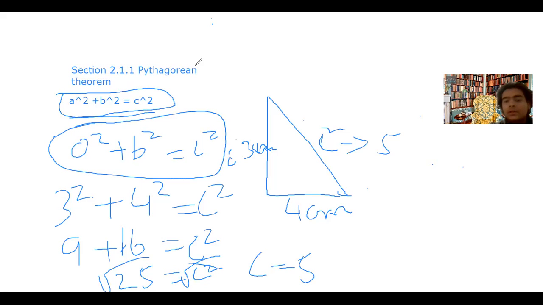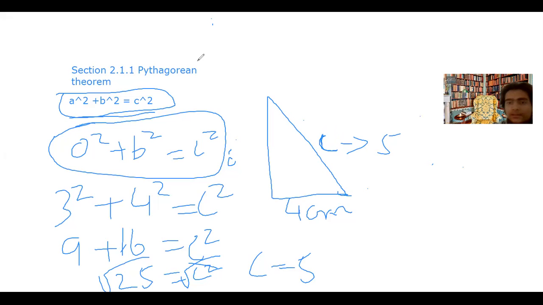Let's say the value of A, that is 3 centimeter, is not given. Let's just erase that. And we know what the value of C is, not C squared. We've got the value of C. The value of C squared would be 9 plus 16, that is 25.